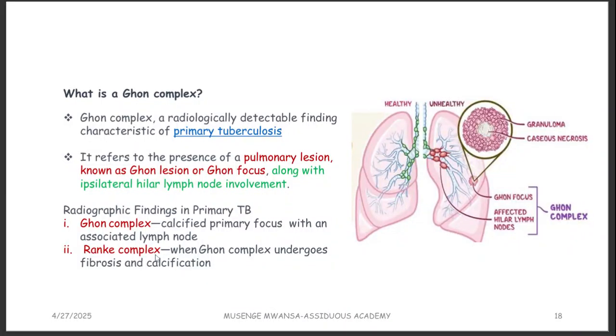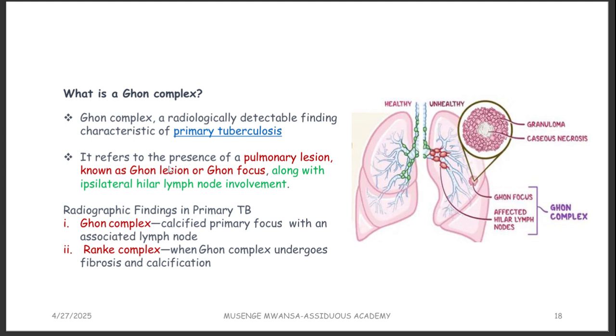So when TB starts, like the primary TB, you're having the formation of a granuloma. This granuloma that you form is what we call a Ghon complex. Now the Ghon complex has got a Ghon focus or Ghon lesion with the involvement of the hilar lymph nodes.